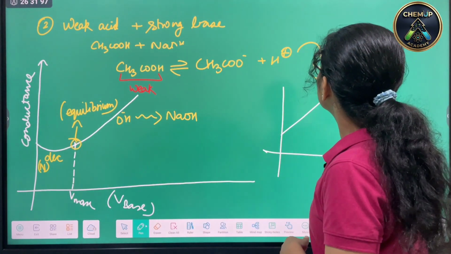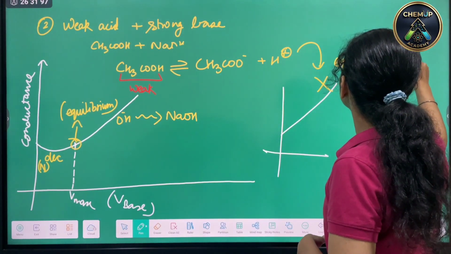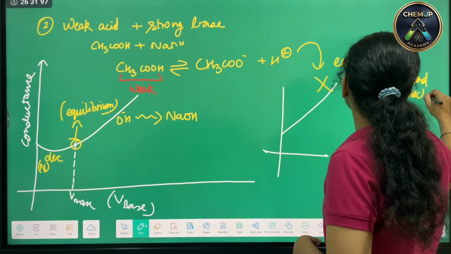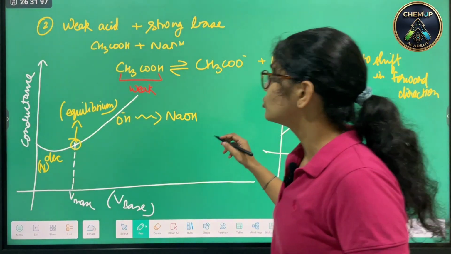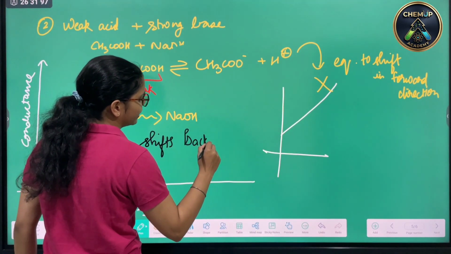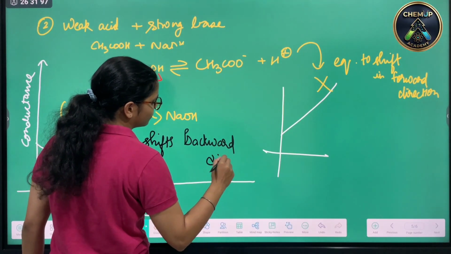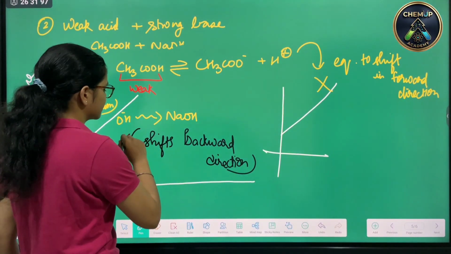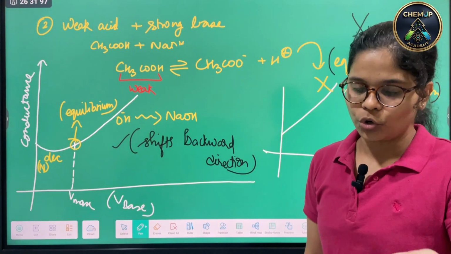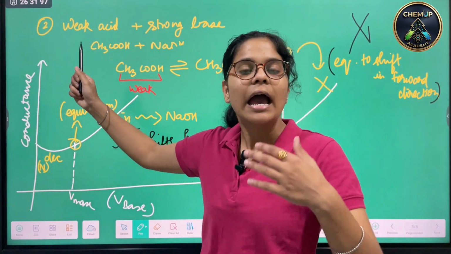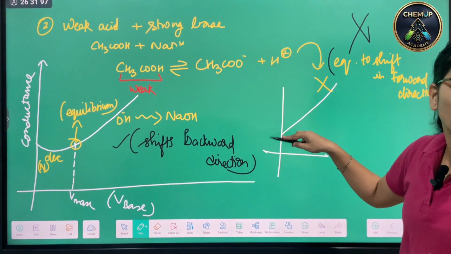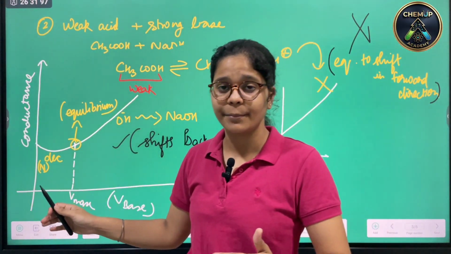It was expected for the equilibrium to shift in the forward direction. But that did not happen. Instead, the equilibrium shifts in the backward direction. This is correct and this is wrong. So what happened? First there was CH3COOH, and it was neutralized by NaOH. We thought NaOH is a little strong. Since it is strong, a graph like this should be obtained. But the actual graph that we got after plotting was like this.